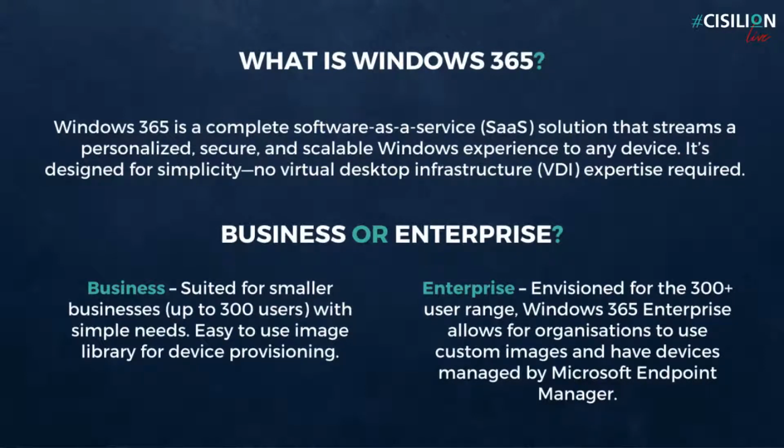Windows 365 is designed to be easily deployable and manageable and can leverage some of your already existing services, such as conditional access. One of the key things to bear in mind is that it comes in two flavors: either business or enterprise. The business version is aimed at sub 300 users and comes with a pre-built image gallery for provisioning of Windows 10 devices.